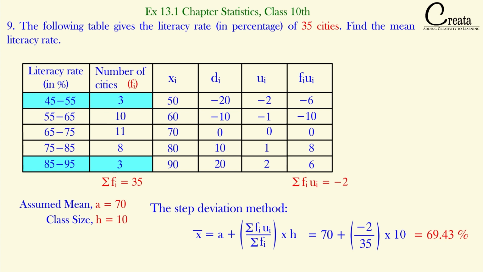Mean is just symbolizing the midpoint of the complete literacy rate of all the cities. So whenever you get this type of situation in actual life, you should understand that the mean percentage just denotes the midpoint or the mean value. It does not mean all the cities have that value. This is just for your understanding of the practical significance. Got it? So we have done with this question.